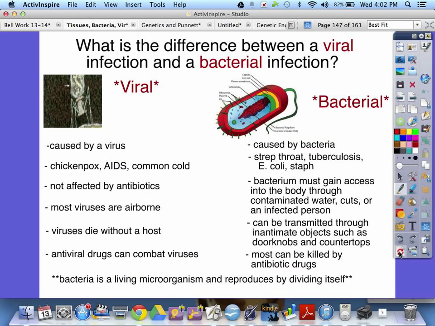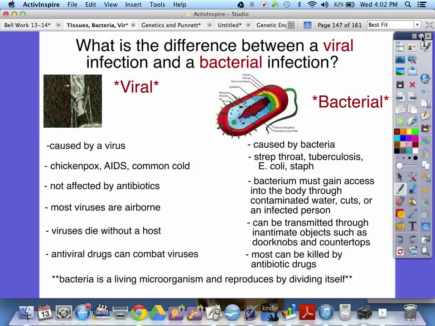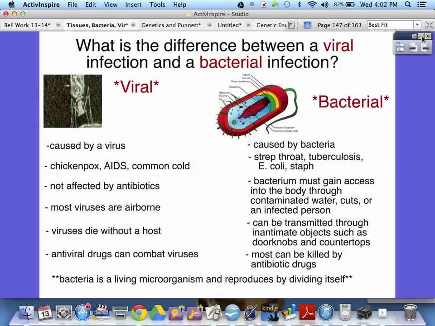Now there's a few distinct differences between a bacterial infection and a viral infection. And they're very easy to remember. You just have to use your common sense. A viral infection is going to be caused by a virus. Here are your examples. A bacterial infection is going to be caused by bacteria, such as these.